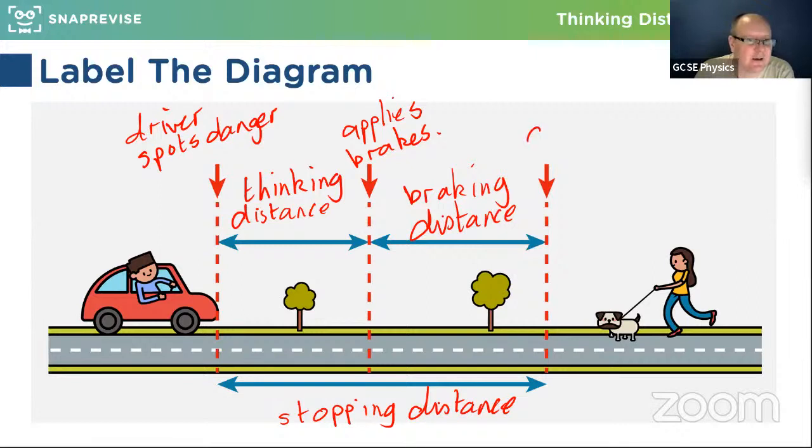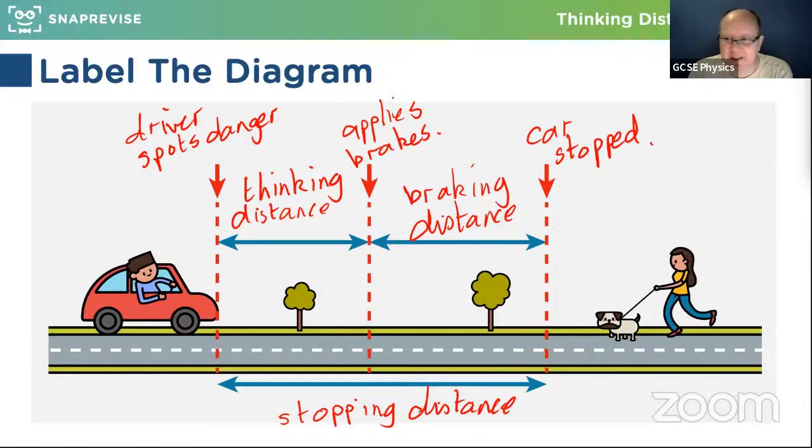And then the car is stopped by the time we get to the end of those two distances added up. So the driver initially spots the dog, sees the danger, and they take a little bit of time to process the information, apply the brakes. The distance initially is the thinking distance, then they apply the brakes, and that then gives us the braking distance before the car comes to a halt. And the total of the two, the braking and the thinking distance, is the stopping distance.